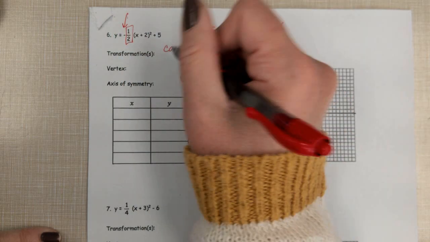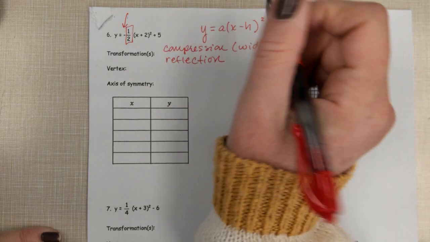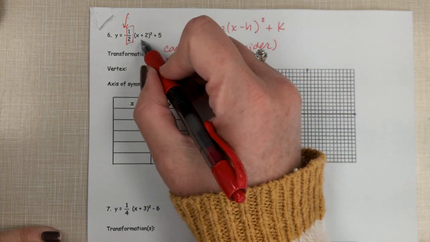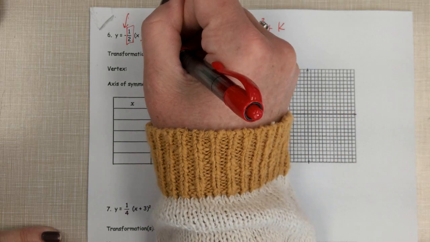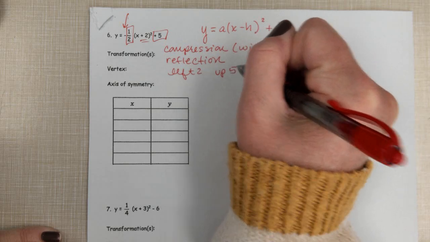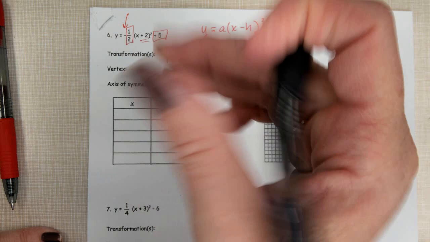This negative means it's going to be reflected, so it opens upside down. And what else? This is going to be a shift left 2. This will be a shift up 5. So the vertex is negative 2, 5.